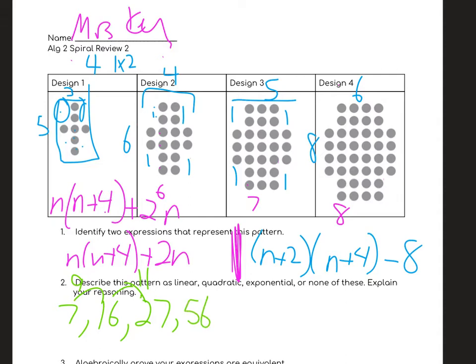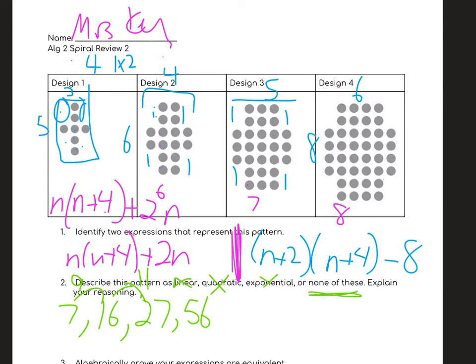All right, so then that's up a whole bunch more. So that's definitely not linear. It doesn't really seem quadratic. And we're not multiplying by the same thing each time, are we? 16 sevenths? No, because that wouldn't work. So I'm going to go with none of these because it doesn't fit any of the patterns.